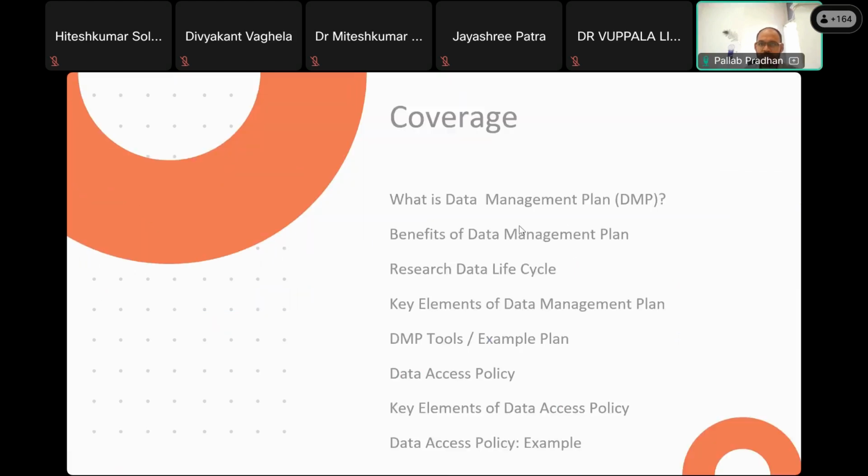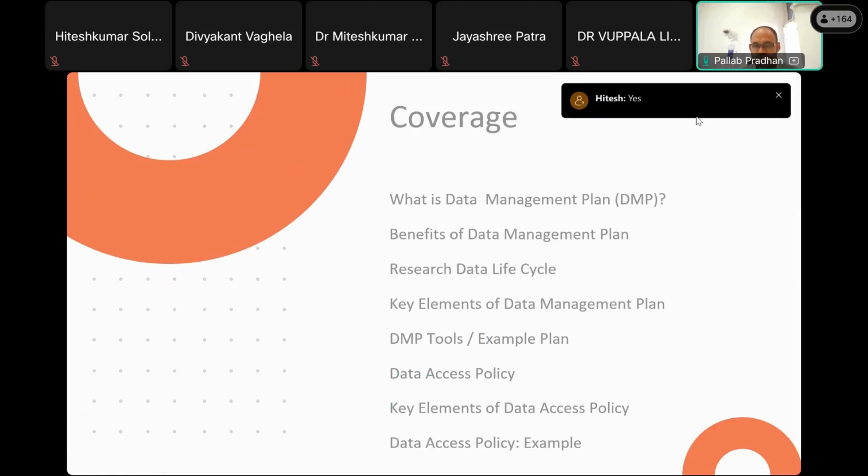So in this session, these are the aspects I'll be covering. What is a data management plan? Briefly focusing, though Divekant has already covered it, and the benefits of a data management plan, the research data lifecycle, and key elements.